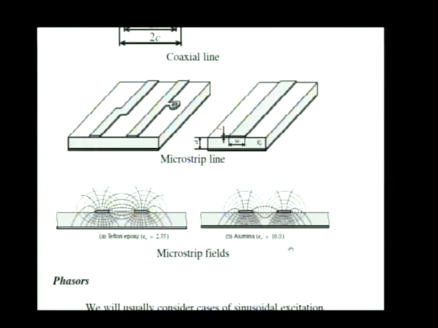For example, here's a Teflon type of substrate where epsilon r is 2.55. This is an alumina substrate with permittivity of 10, and you can see the fields are much stronger between the strip and the ground plane for the higher value of permittivity.